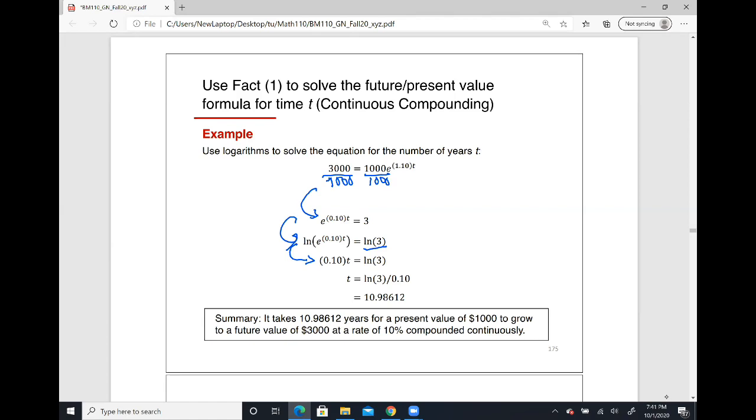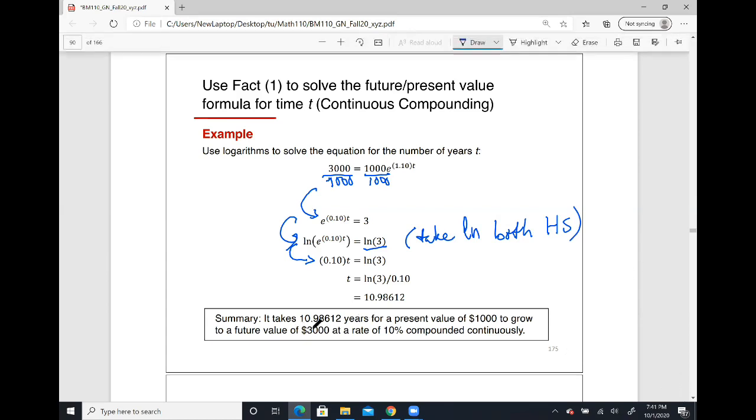That is the idea of using fact 1. This step is called taking the natural log of both sides. So the answer is, it takes 10.9861 years for a present value of $1,000 to grow to the future value of $3,000 at the rate of 10% compounded continuously.